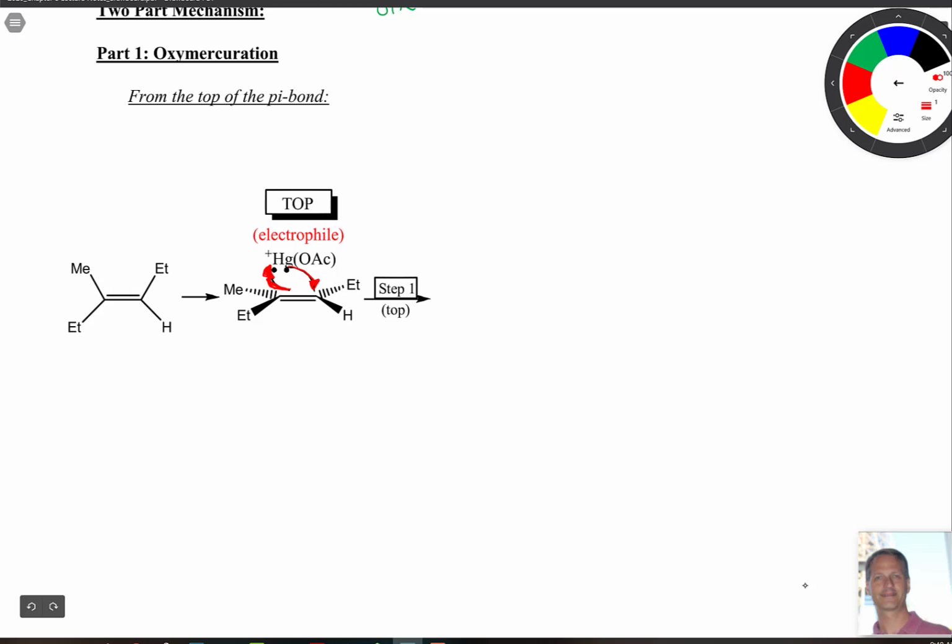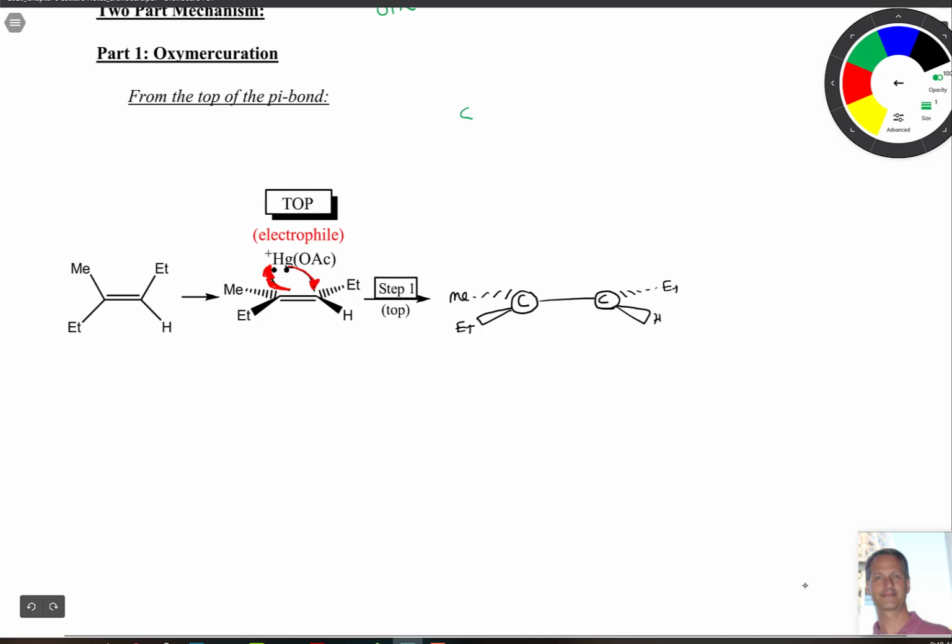Now what we get, and I'm going to draw this out with you a little slower. You get your carbon, and you get your other carbon. The other substituents are going to stay where they were, so your ethyl's here, methyl's back, you've got your H, and you've got your ethyl right there. Just a little side note up here.